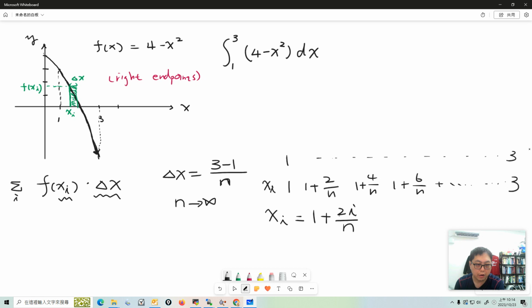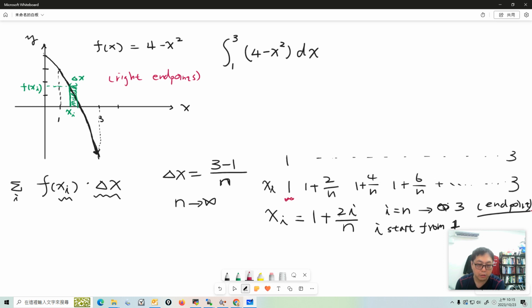If i equals n, that is the real endpoint of the integration. I start from 1, so our first point will be 1 plus 2 over n.